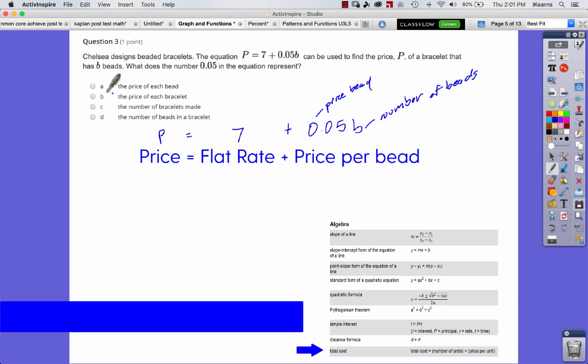So our answer is here. P is the price of each bracelet. That's this one. The number of bracelets made, we don't know. That would be the coefficient or something here. And the number of beads in a bracelet, again, is right here. That's this one. Okay? So our answer is, hey, the price of each bead is equal to 5 cents.